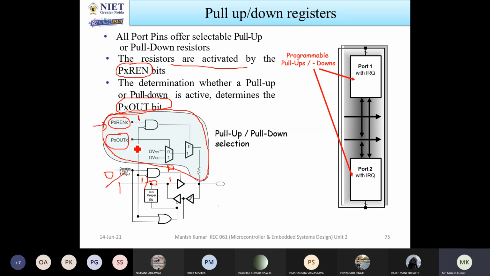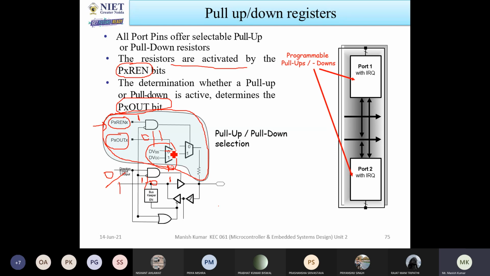Now it will depend on the PXOUT. PXOUT is controlling this multiplexer. Whenever it is 0, it will provide 0, and when it is 1, it will provide 1. The 1 or 0 is defined by DVSS and DVCC, which means digital VSS and digital VCC.